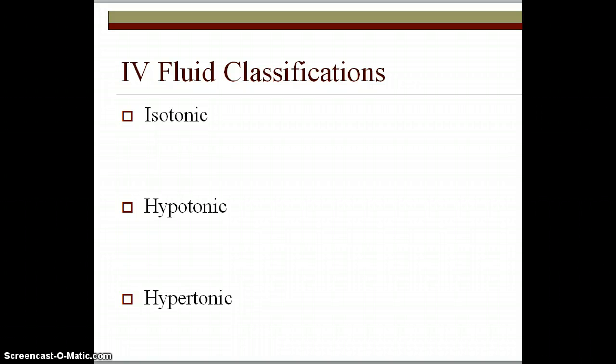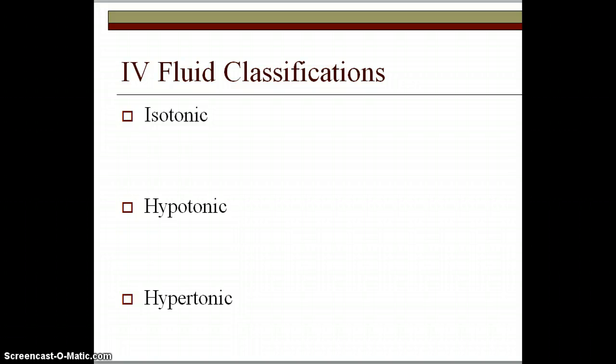Normal saline is isotonic. Five percent dextrose in water is also isotonic. It falls off my rule of dextrose being hypertonic, but 5% dextrose is considered isotonic, as well as lactated Ringer's. Our hypertonic is a solution that has an osmotic pressure higher than the osmotic pressure inside the cell, intracellular and extracellular.